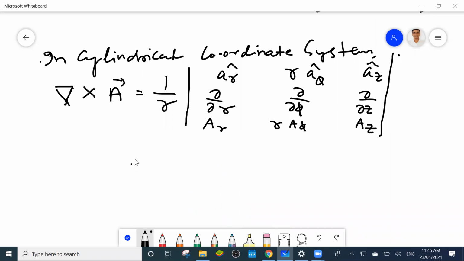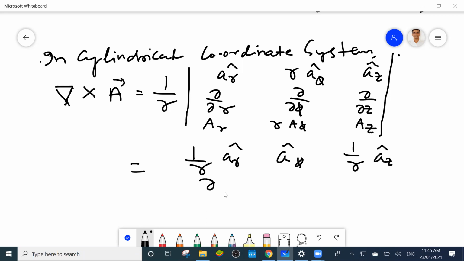You can multiply the 1 by r to all elements in the first row. So you can write 1 by r r-cap, then phi-cap, then 1 by r z-cap.